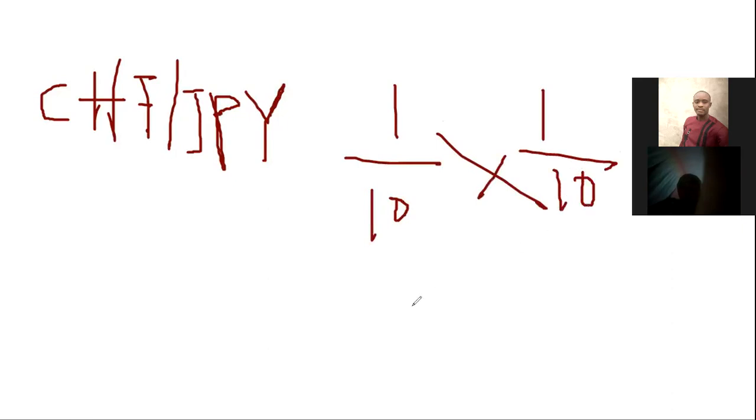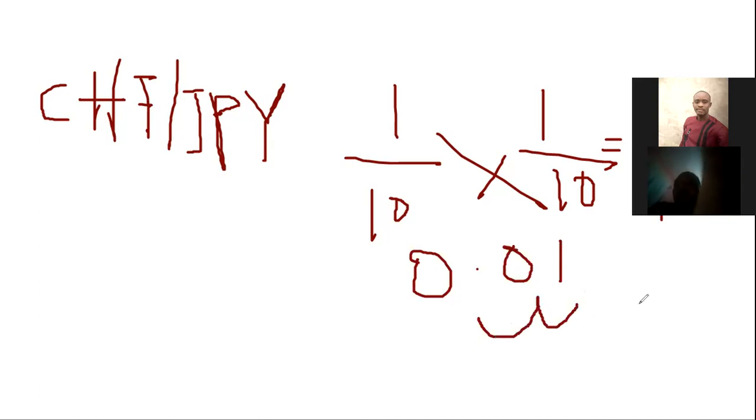And 1/10 times 1/10 is what? 1 times 1 is 1, 10 times 10 is 100. So for a yen pair, it is 0.01. I repeat, 1 pip here is 1 and 2 decimal places. So let's proceed.